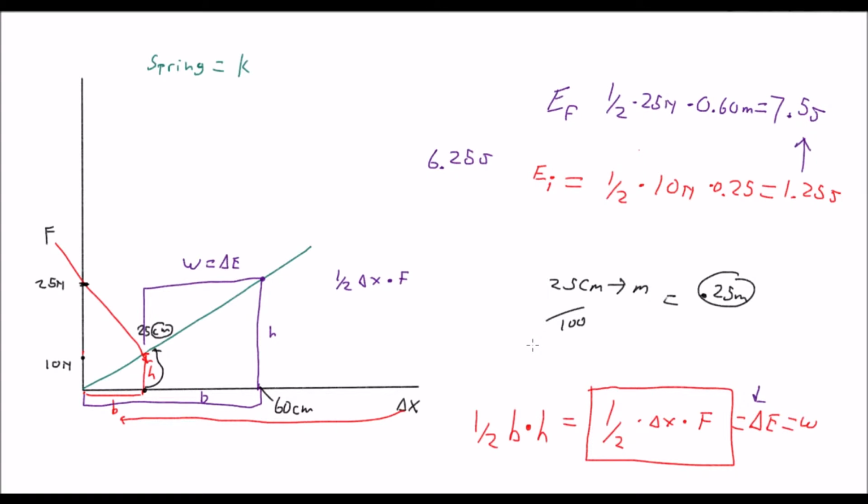So, to sum up what we talked about here, we've talked about quite a few things in this particular video. We've talked about work. We know that work is equal to force times distance, which we identified as delta x.